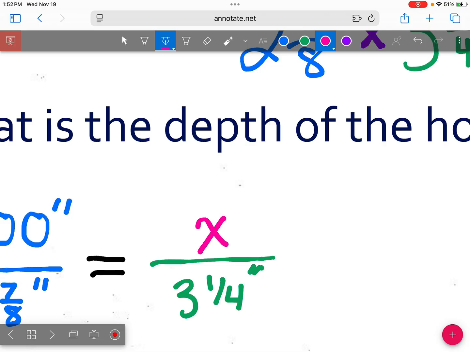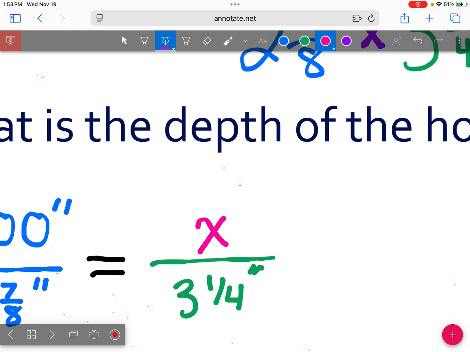So how could we try and solve similar fraction kind of problems? How could I try and figure out what X would be? How many inches it would represent? How could I get X by itself? How do we get rid of a denominator?